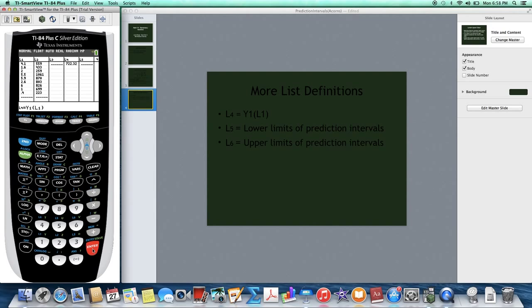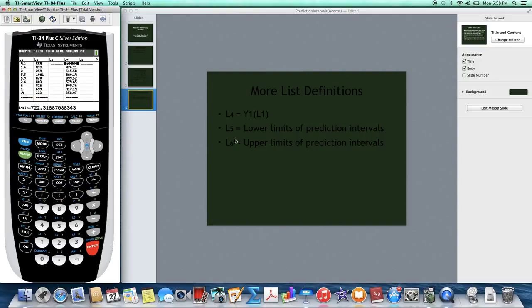When I press enter, the calculator calculates all of the point estimates for each x value corresponding to each species of oak. So now I have the acorn size, the measured range, and then the predicted range.